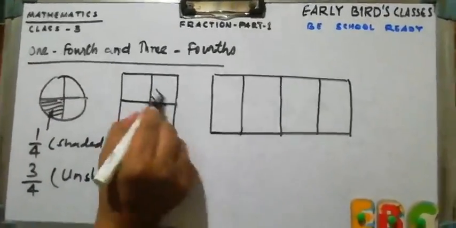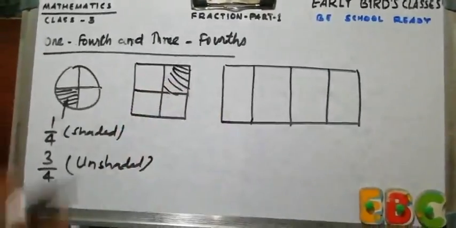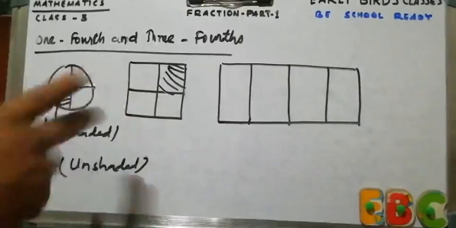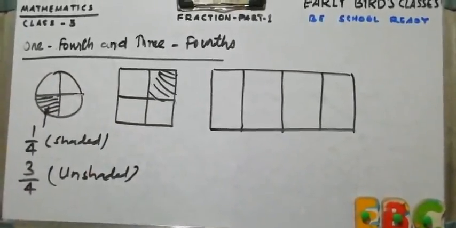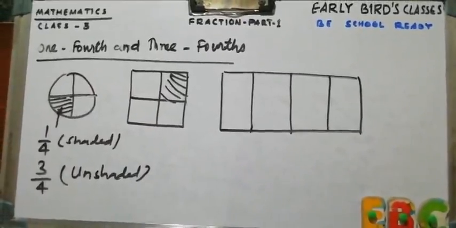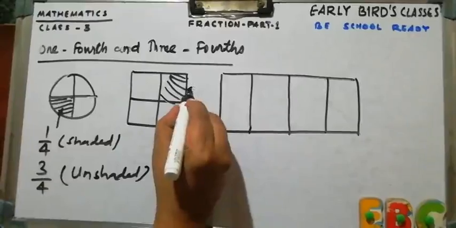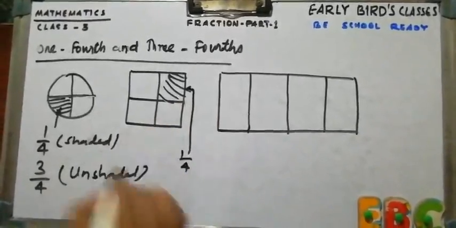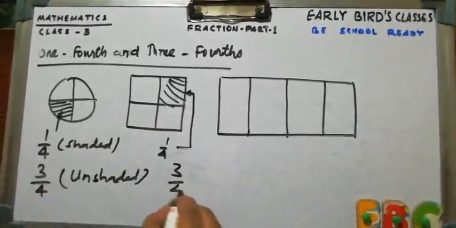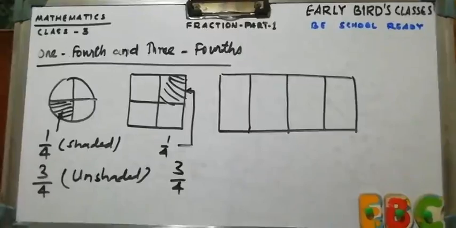Similarly, if this one is shaded here in this square, and this is also equally divided into 4 parts, so shaded part will be 1/4 and unshaded will be 3/4, right?